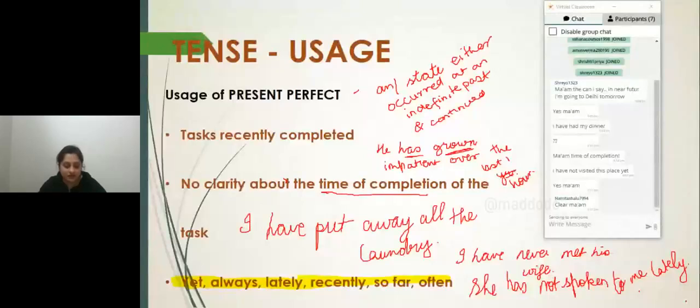But the other thing, present perfect, when I say the action which started in the past should have a bearing on the present, so we say present perfect. Okay, because there has to be a link between the past and the present whenever we talk about perfect tense. Okay. Chalo, next.